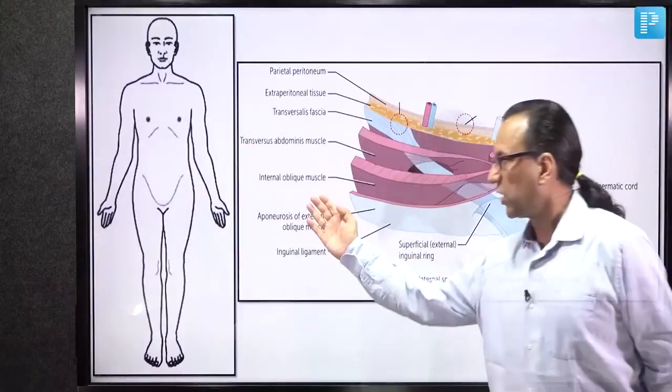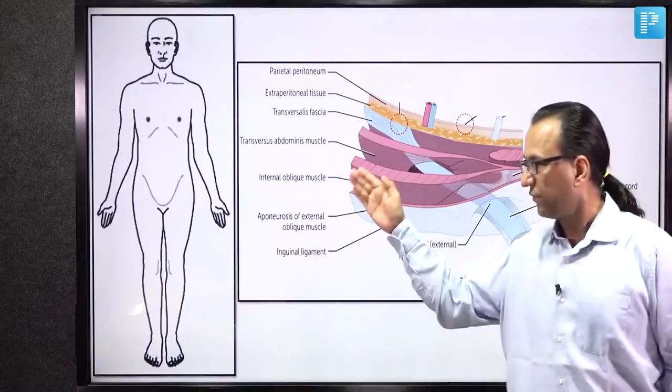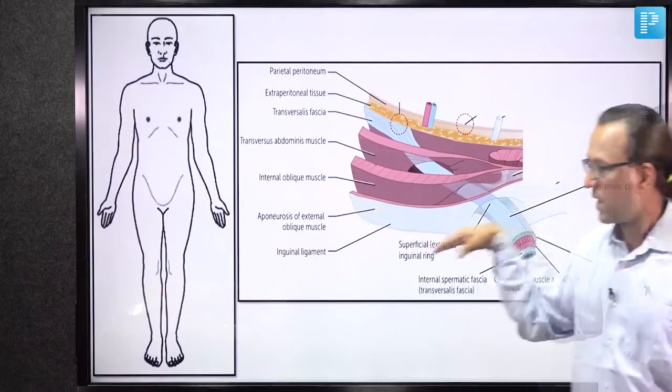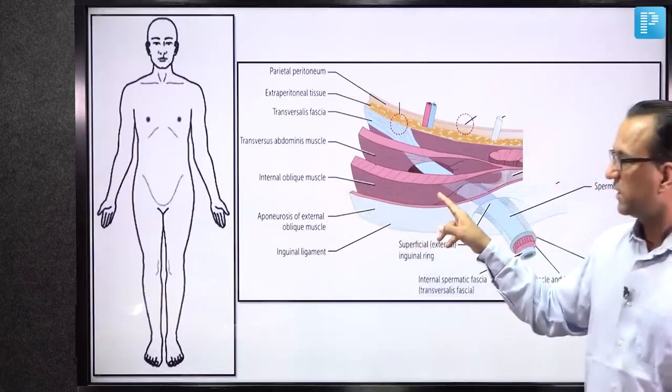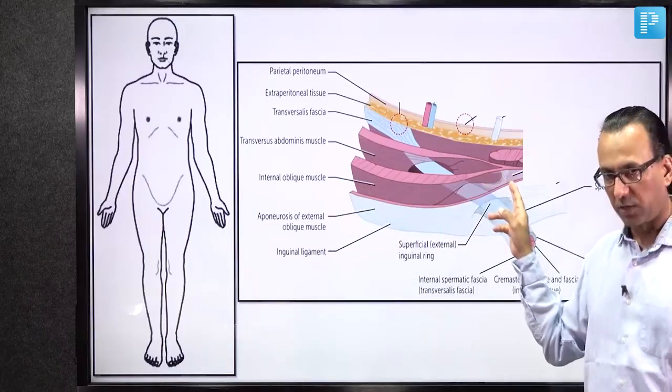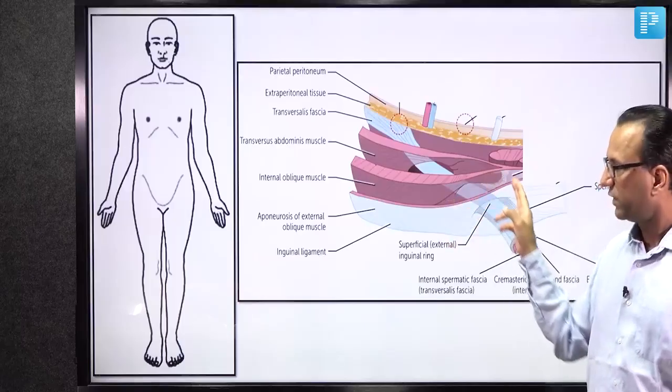Understand here that the external oblique muscle remains anterior to the inguinal canal and is also inferior, forming the floor of the inguinal canal. Whereas the internal oblique muscle, with arching fibers, lies anterior, superior, and posterior to the spermatic cord. That means it forms the anterior wall, roof, and posterior wall of the inguinal canal.